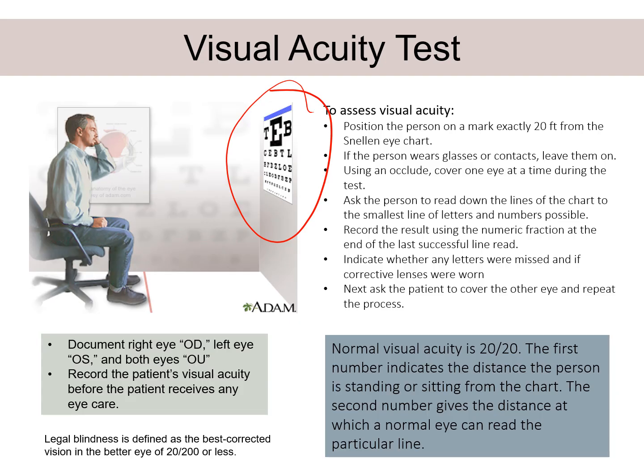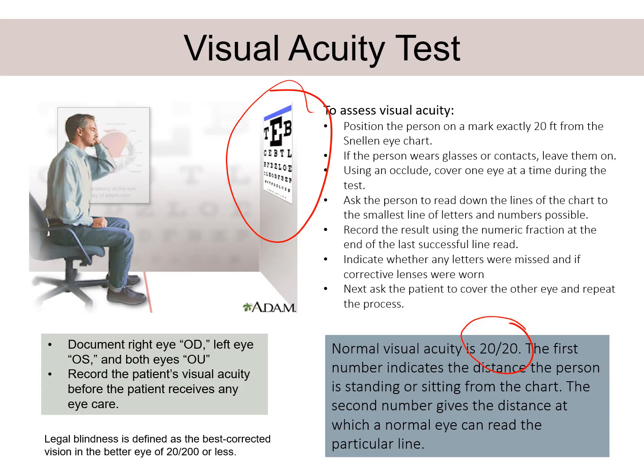Normal is going to be 20/20. The first number, 20, stands for 20 feet away from the Snellen chart. The second number means that at 20 feet, you can see what's expected at 20 feet. So if you have vision that's 20/30, that means what you see at 20 feet, somebody else can see at 30 feet.